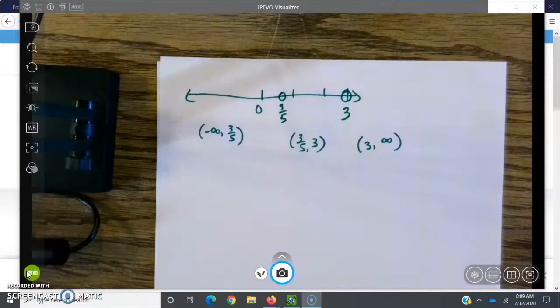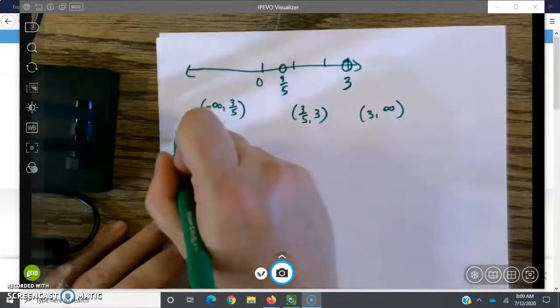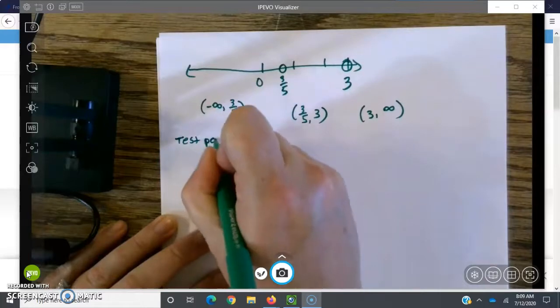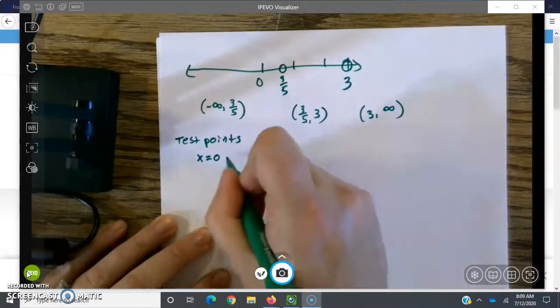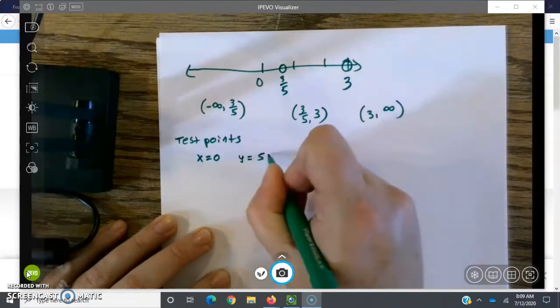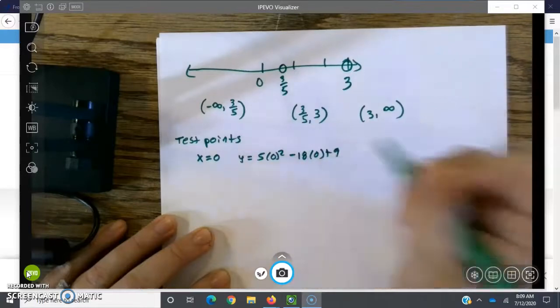Okay, so we want to figure out which of these regions our solution set lies in. We know it's not on 3/5 or on 3, but in these regions, we're going to test some points and see which region is in our solution. Okay, so now we've got to test some points. So if x is equal to 0, we'll get y is 5 times 0 squared minus 18 times 0 plus 9.